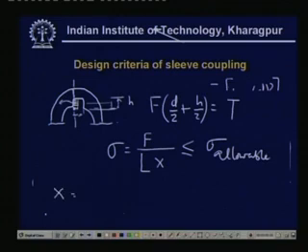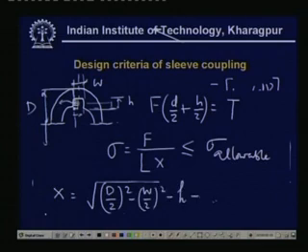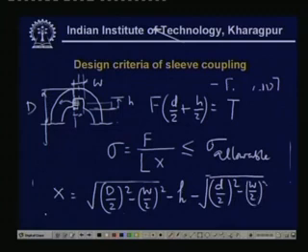How to calculate x? That comes from plane geometry. What you see here, suppose the width is w, and if this diameter is, let us say, capital D, then x will be equal to, now that you can easily find out, this is D, so square root of (D by 2) square minus (W by 2) square, minus (H minus small d by 2) square minus (W by 2) square.